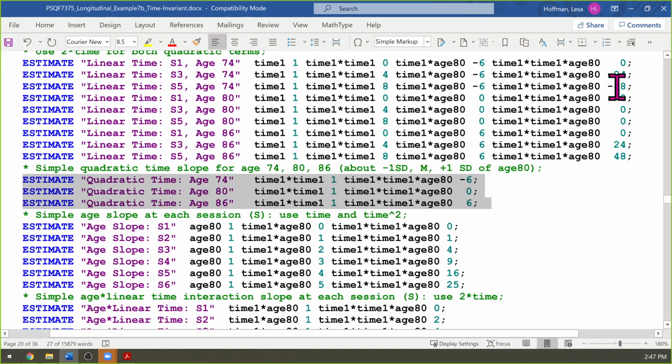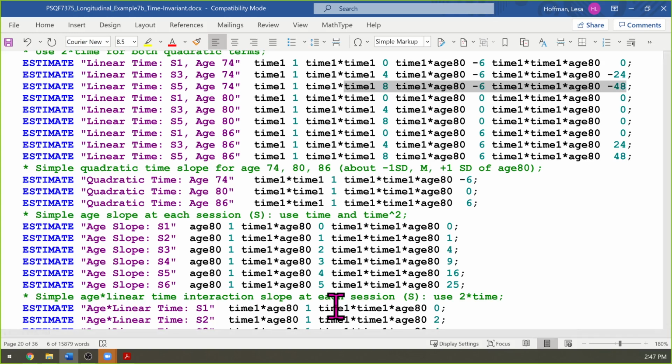Do you know how I made sure that this was correct, by the way? Because I actually doubted myself in putting it together. I'm like, do I put it times 2 or do I not put it times 2? I recentered my model so that I had age 74 as a reference point and checked it.